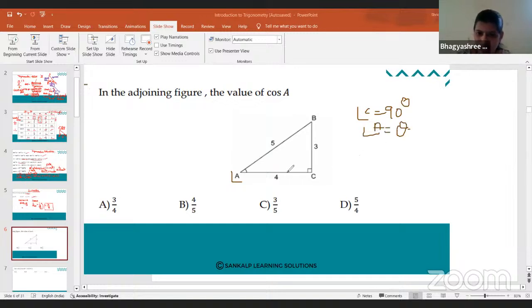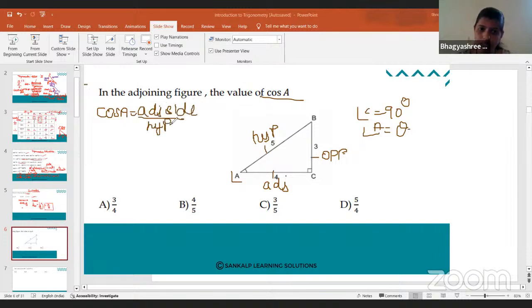Now opposite of theta is the opposite side, right? And this is the adjacent side and this is the hypotenuse, right? So what we want is cos A. We know the cos A ratio, that is cos A is equal to adjacent side divided by hypotenuse, right?